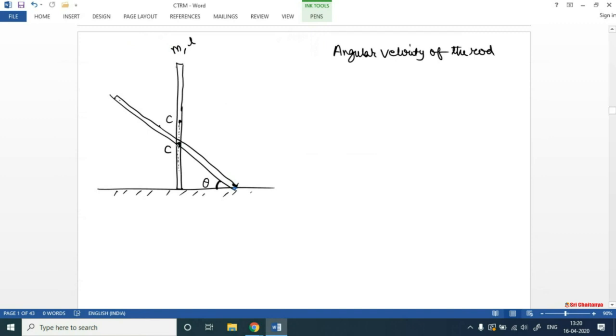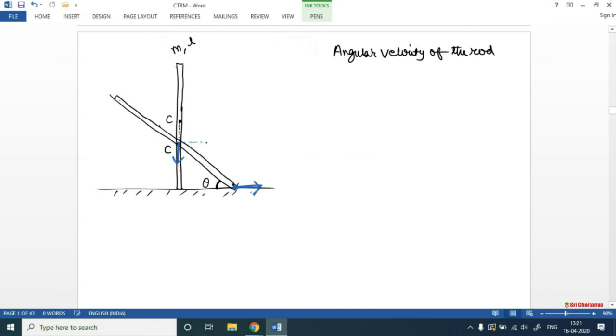Now see, we have just learned that if we are able to figure out the velocity of any two points on the rigid body, here the velocity of point C is in this direction, and this end of the rod is constrained to move only along the horizontal. So the velocity of this point is in the horizontally rightward direction.